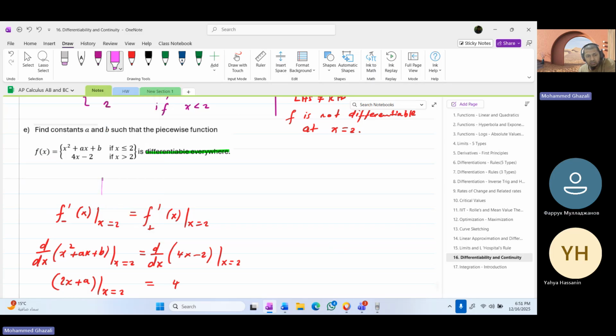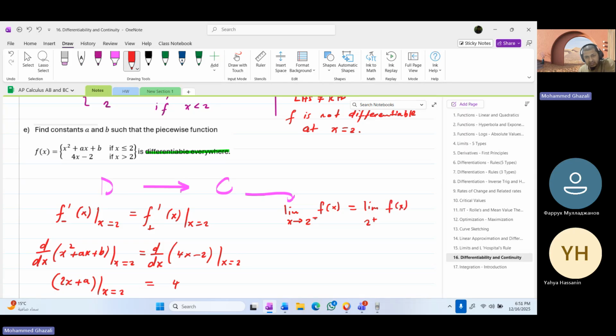What did I tell you? If the function is differentiable, then it is continuous. So what does continuity mean? Limit from the left must be equal to limit from the right. Limit as x goes to 2 from the left must equal limit as x goes to 2 from the right of f of x.